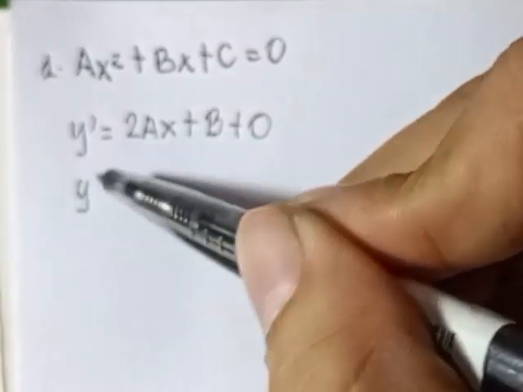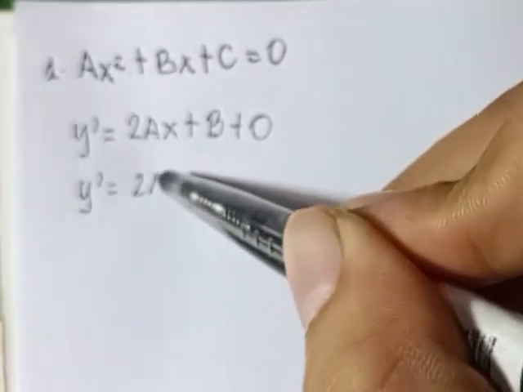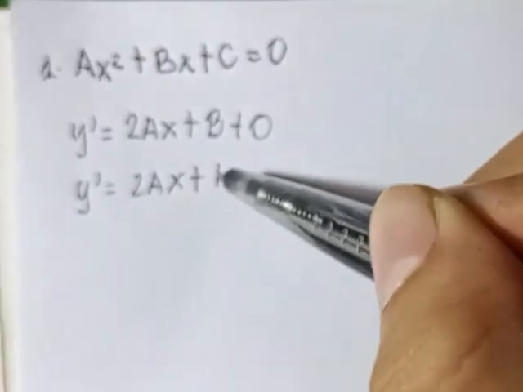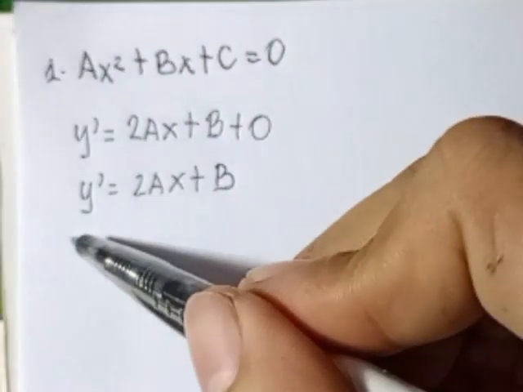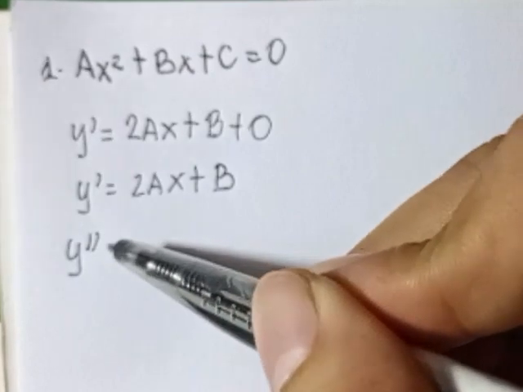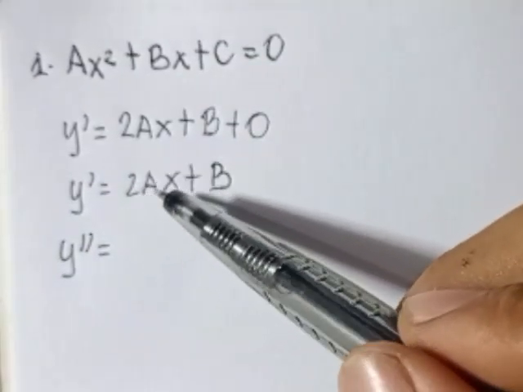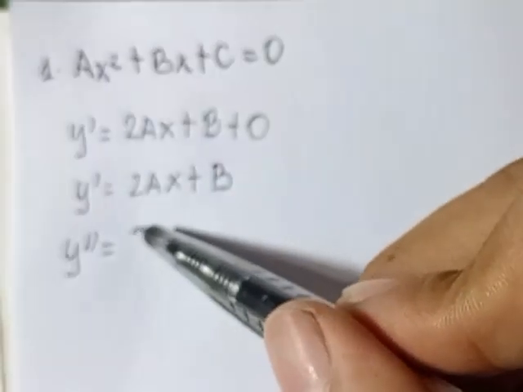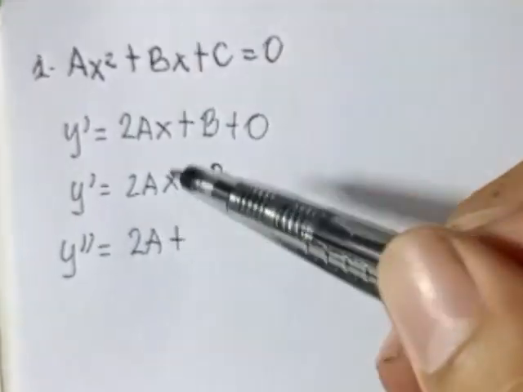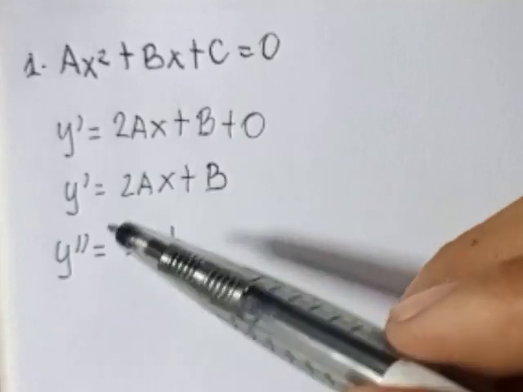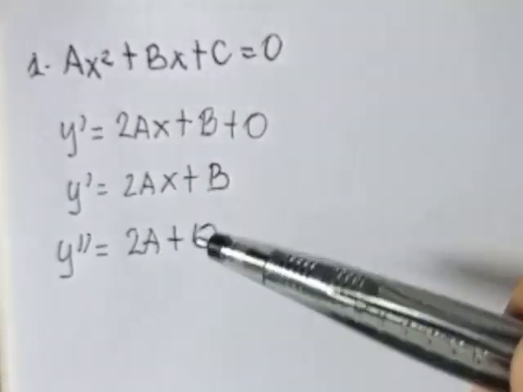So our y prime here is 2ax plus b. For the second derivative of this given function, we have the derivative of 2ax, which is equal to 2a, plus the derivative of b constant, which is equal to 0.